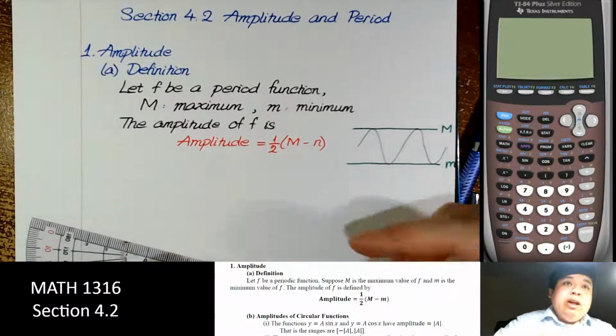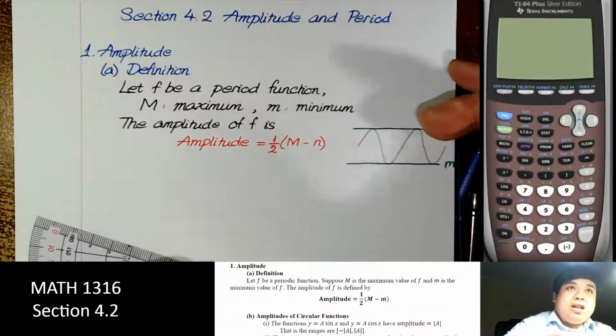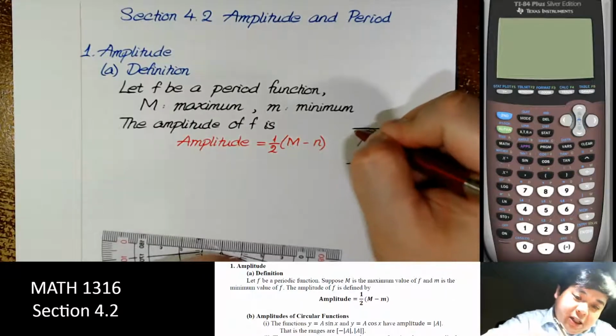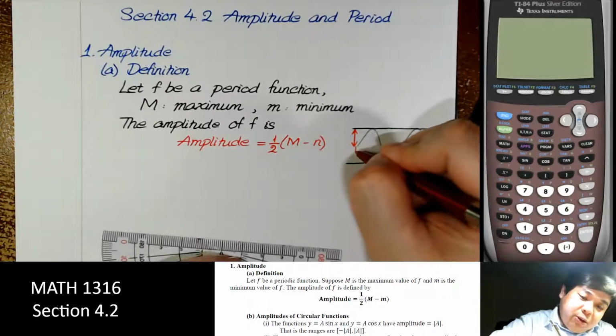Either sine or cosine, the graph will be a wave. There's a maximum, there's a minimum, and the amplitude is defined to be the distance from the middle to the maximum or from the middle to the minimum.